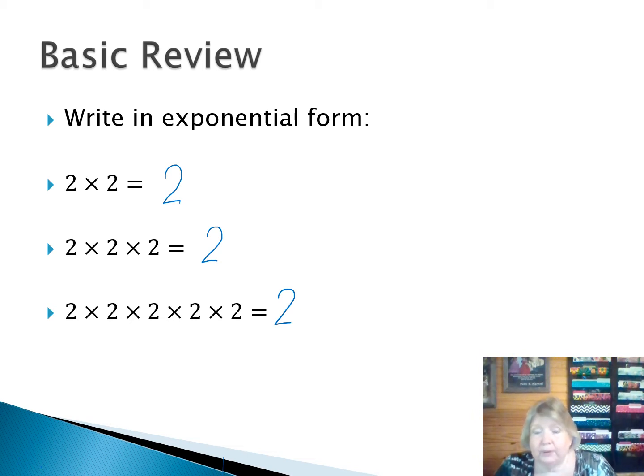The exponent comes from how many times that base shows up as part of the multiplication problem, as a factor. Well, here 2 shows up as a factor twice, so 2 squared. Second example, 2 is a factor 3 times, so 2 cubed. Third example, 2 shows up as a factor 5 times, so 2 to the 5th.